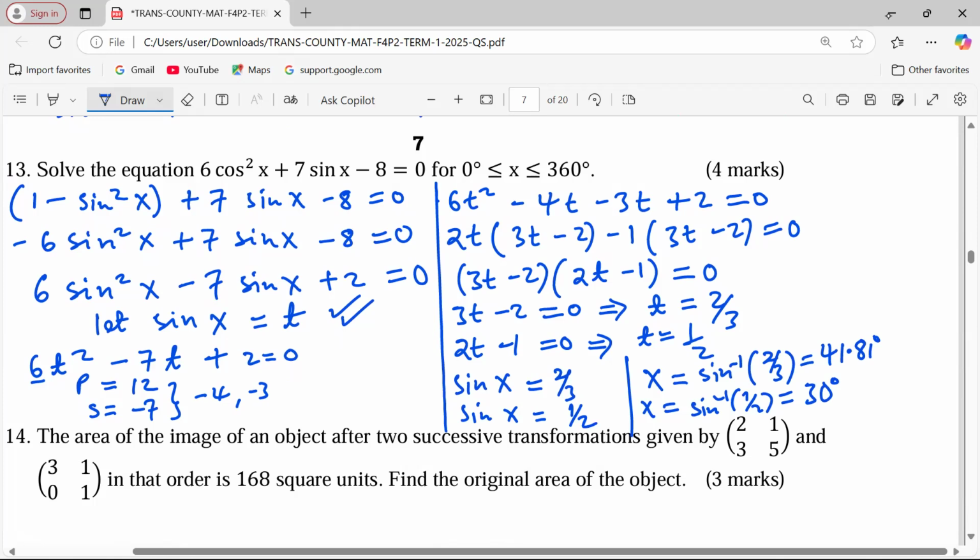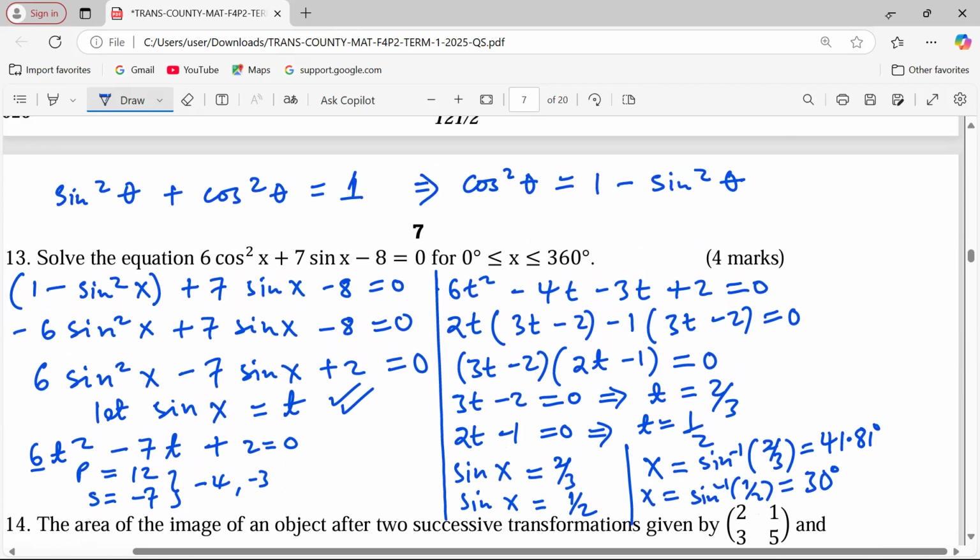So we have two acute angles here, but looking at the range provided, it means we have to get some more angles. So the first angle can be 30. The other angle can be 41.81.